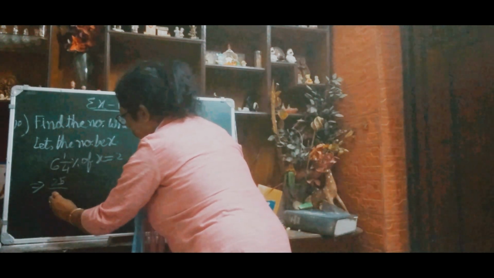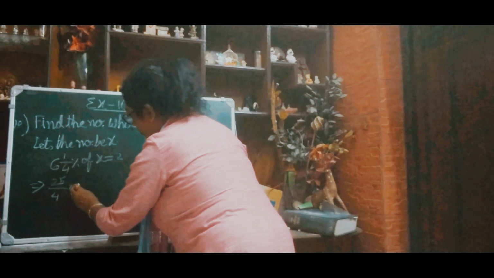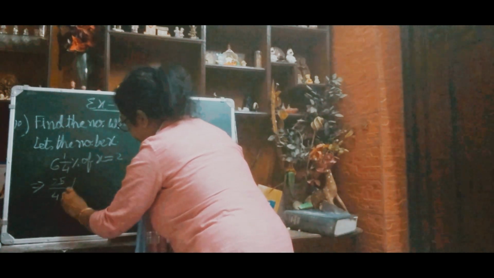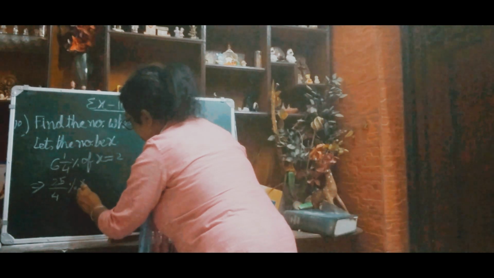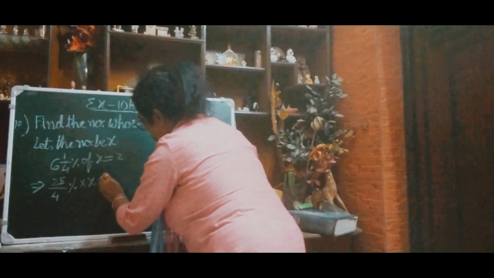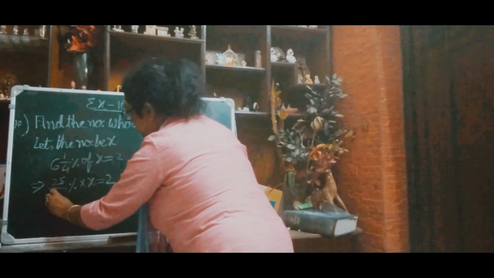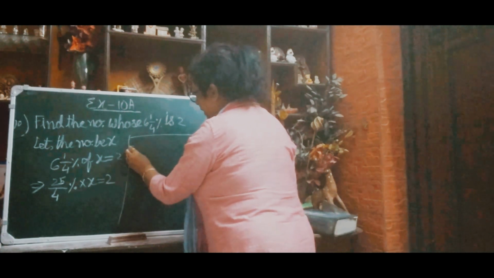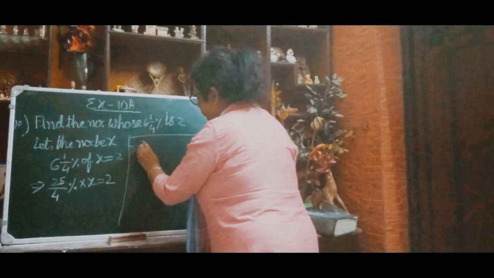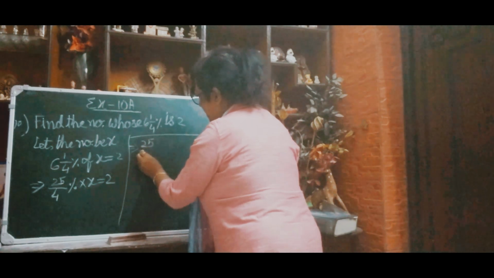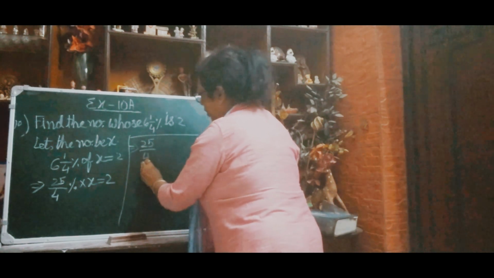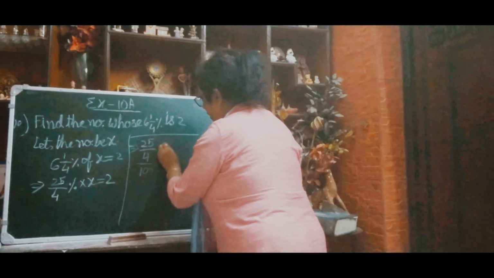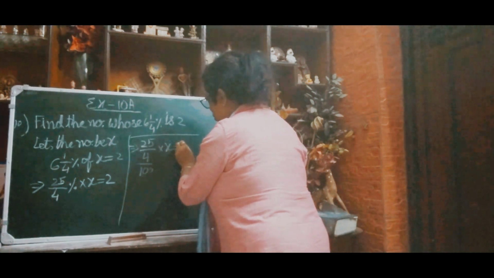So 25 by 4 percent into x equals 2. Now we have to remove the percentage sign: 25 upon 4 divided by 100 into x equals 2.